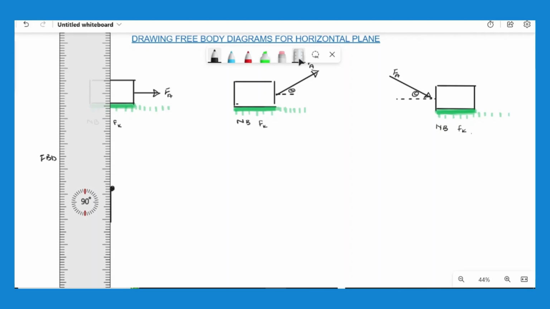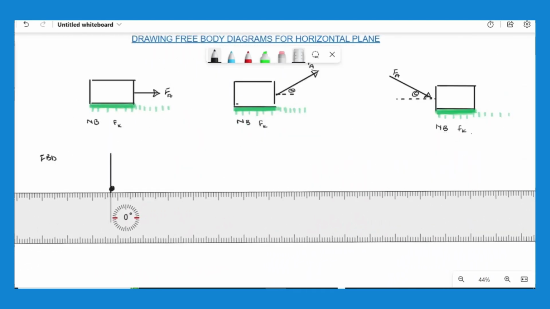Straight downwards is the weight, and since it's a flat, horizontal surface, we're going to have our normal force pointing straight upward like that. And these forces should be balanced because the object is not going up or down.